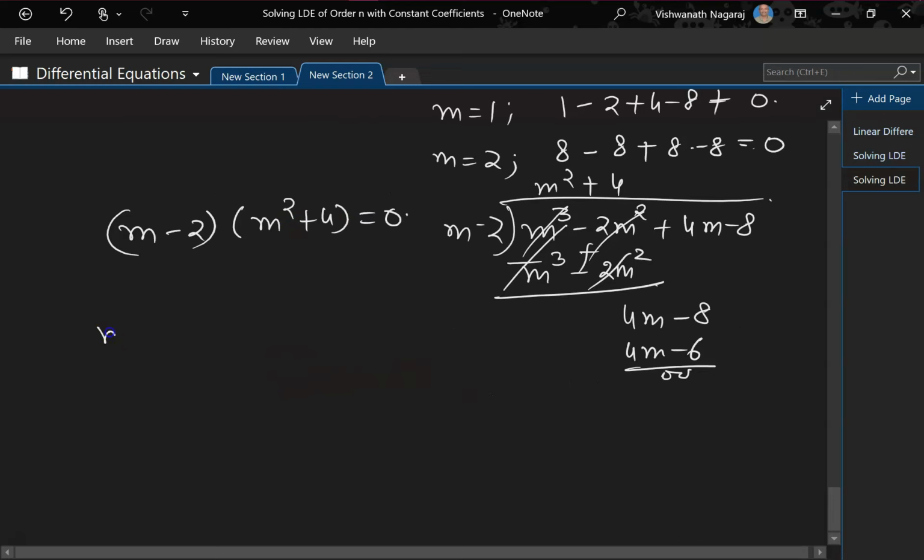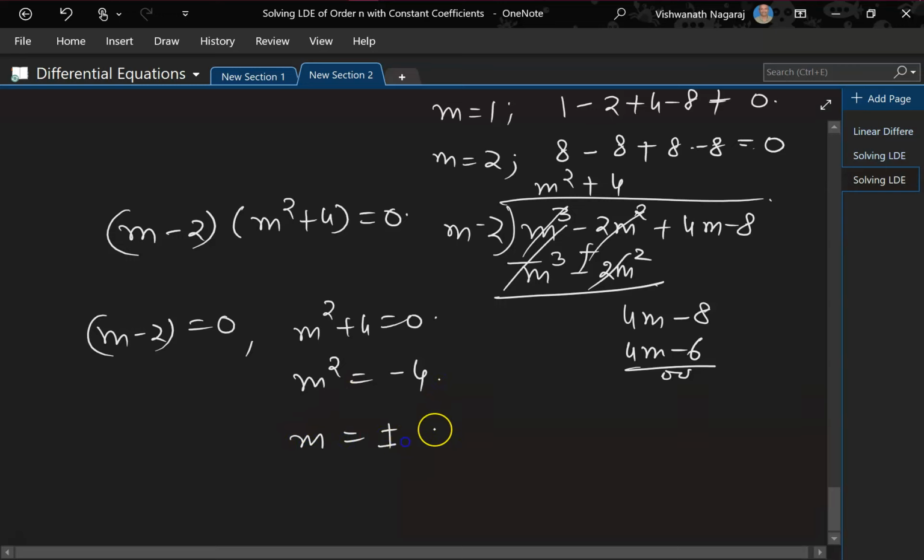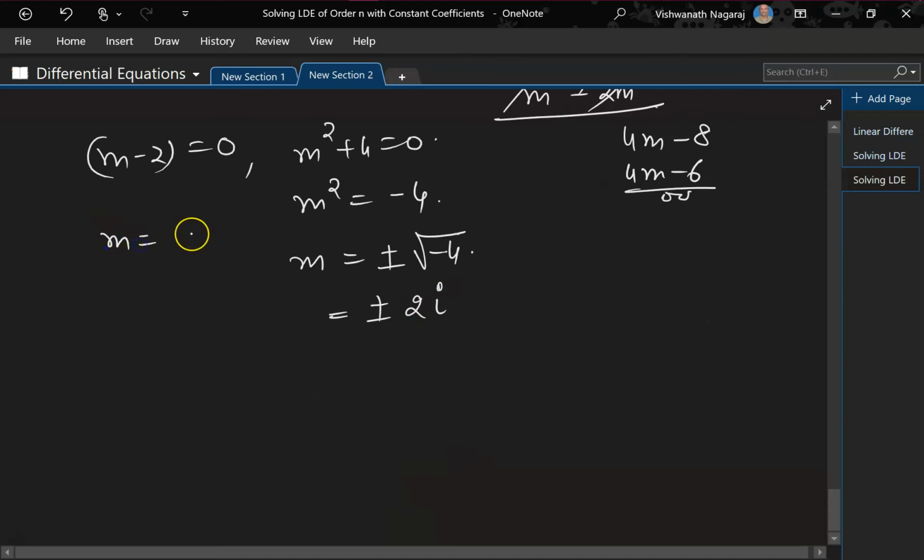Or we can say m minus 2 equal to 0 and m square plus 4 equal to 0. That means m square is equal to minus 4, which means m is equal to plus or minus square root of minus 4, which means plus or minus 2i, and in this case m is equal to 2.